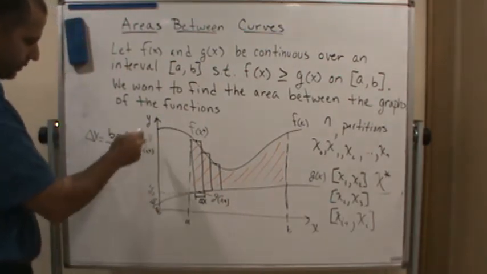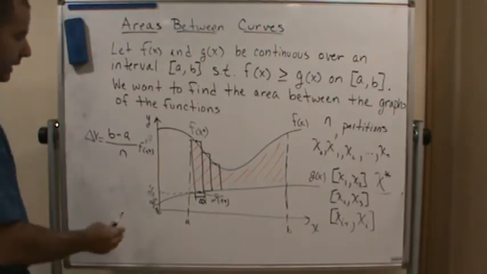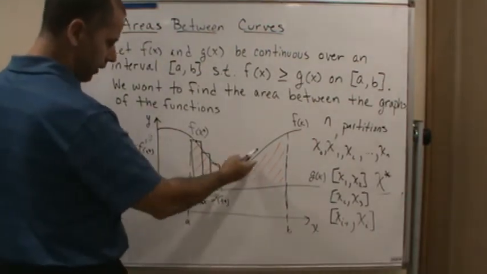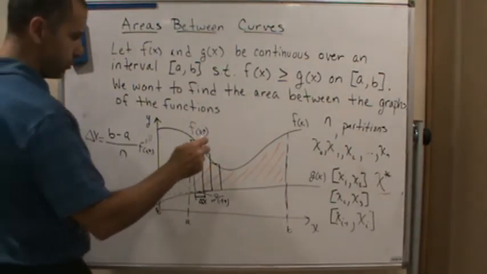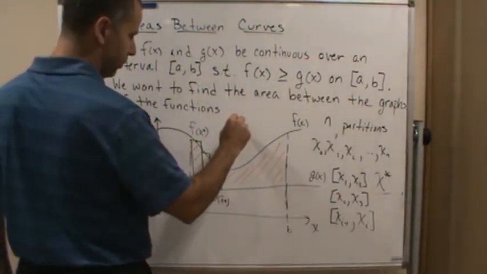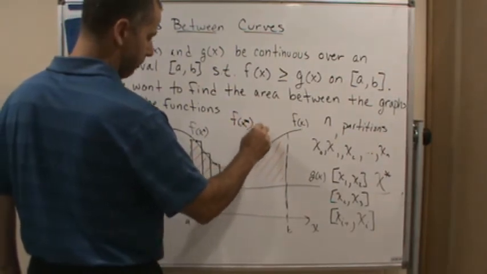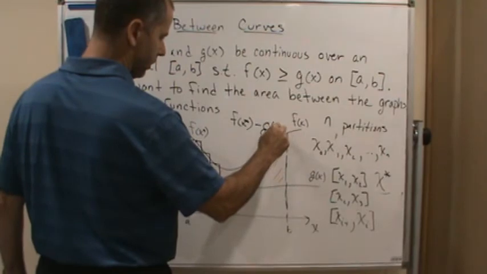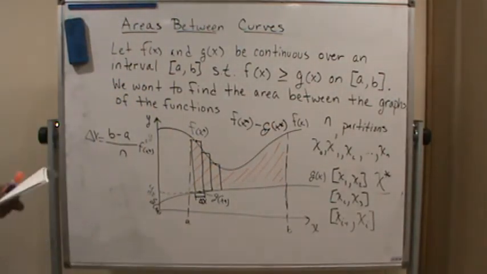If we subtract those two, we get the height of that particular rectangle. In general, that's what we're going to do for all of these rectangles. So the height of each one of these rectangles is going to be equal to f of x star minus g of x star.